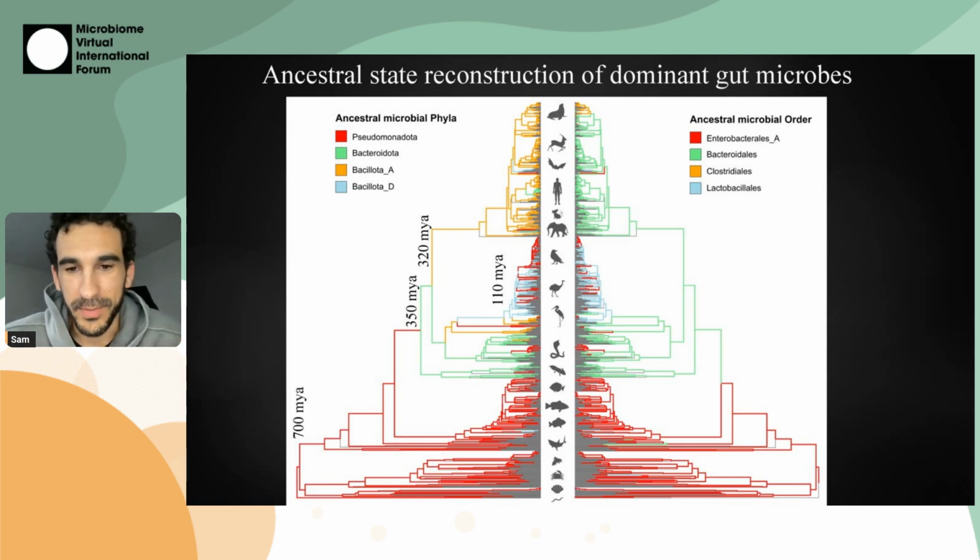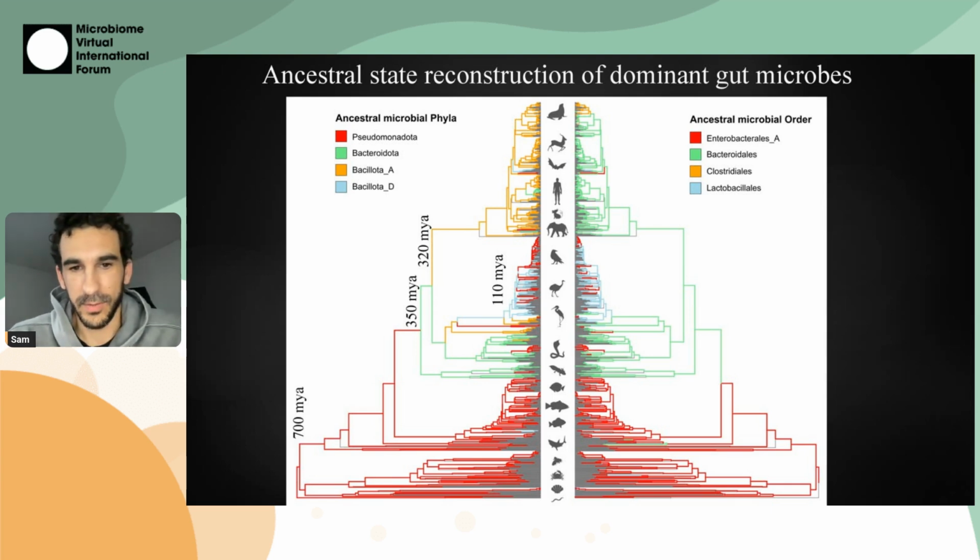What we found was, on the left side, the analysis done at the microbial phyla level, and on the right side, at the order level. Looking at ancestral states, it seems like the first quote unquote gut that might have existed was likely dominated by Pseudomonadota, and in particular Enterobacterales species.